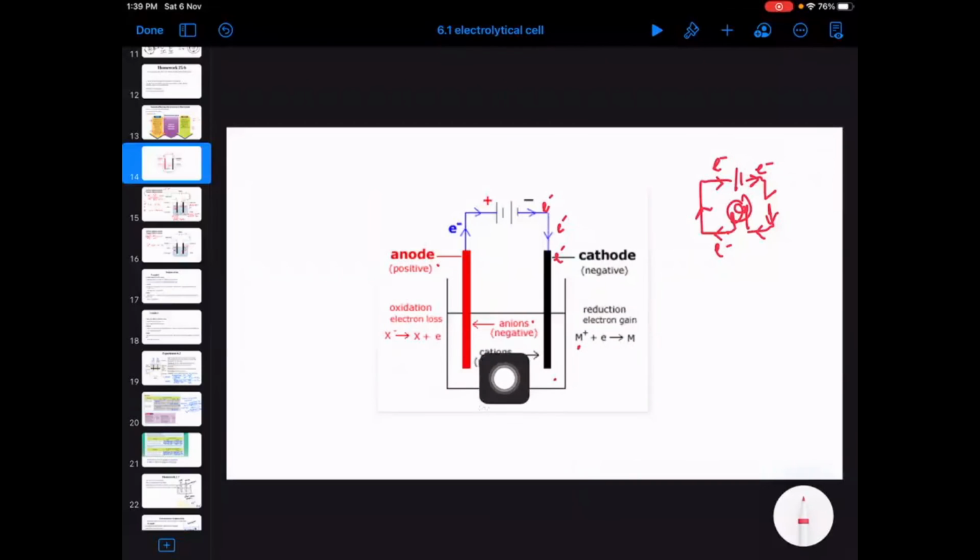And what happens to the negative ion in the electrolyte? It will move to the anode. It will also lose its charge by donating the electron, and this electron will go into the wire and go to the positive side of the battery. So this is the whole story. It applies to all electrolytic cells.